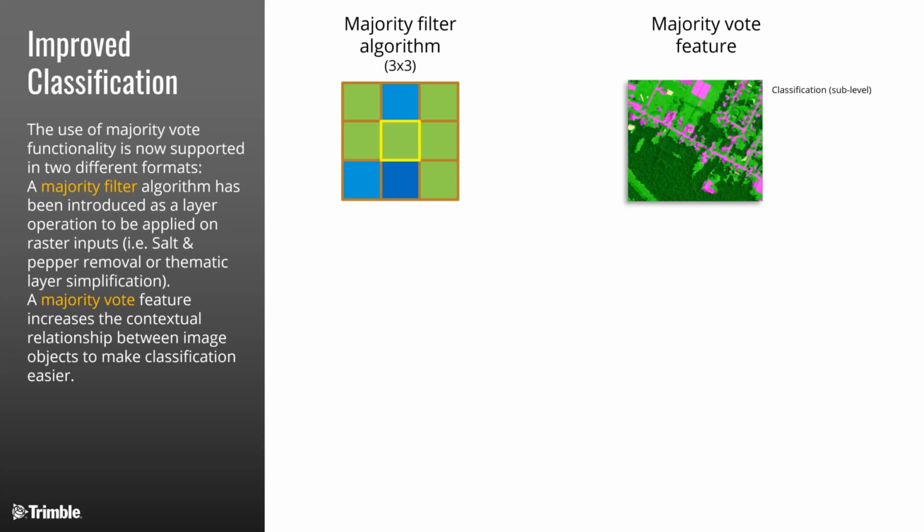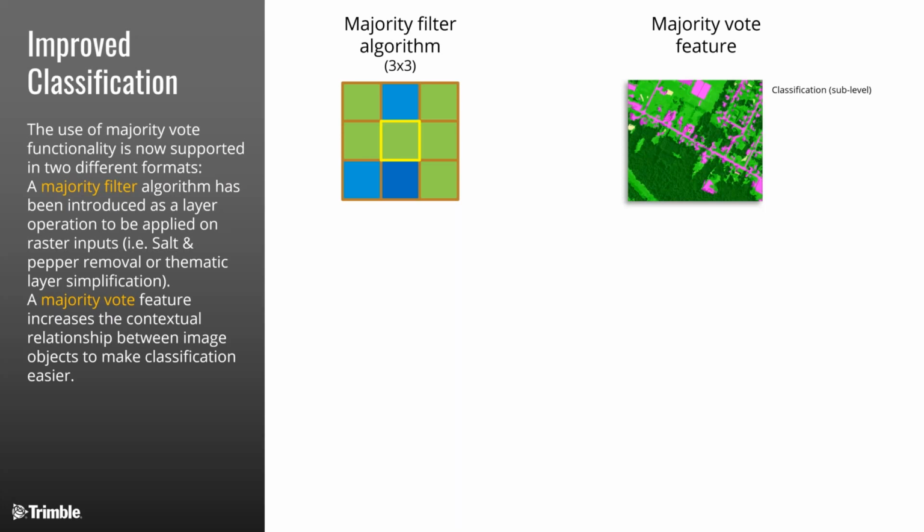The first is we introduced a majority filter algorithm, and this will work, of course, on a raster input, and it really can be applied to remove some of the, say, salt and pepper effects that you get in certain imagery, or thematic layer simplification that could come into effect when you're bringing in, say, a thematic raster.